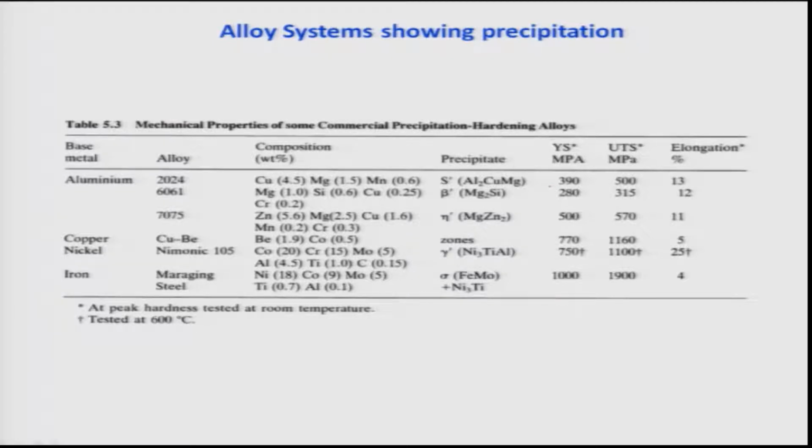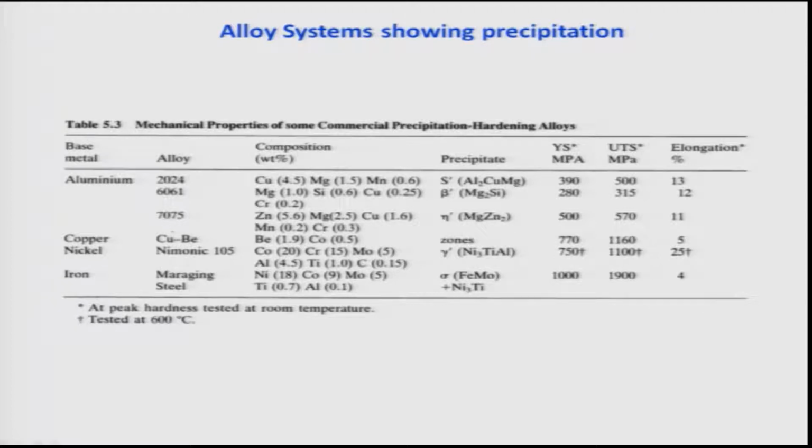Similarly, 6061 is an aluminum magnesium silicon alloy, and because it has magnesium and silicon, the precipitate is beta prime, and this will be Mg2Si type. This also has reasonably good properties, but not as good as the aluminum copper magnesium manganese alloy.